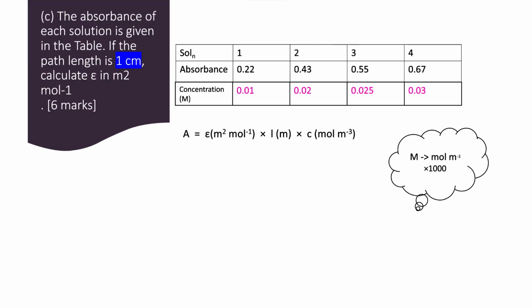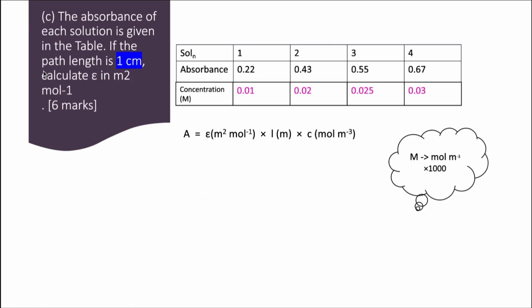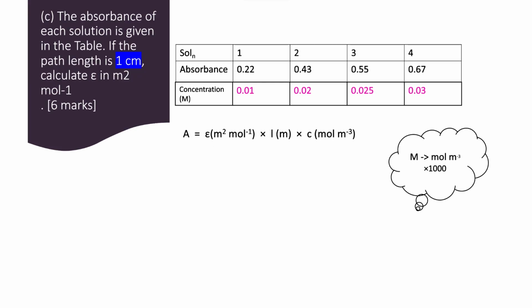Part C. The absorbance of each solution is given in a table. If the path length is 1 cm, calculate epsilon in meters squared per mole. For this question, we need to use Beer-Lambert's law, which is A equals epsilon times L times C, with the concentration being in moles per meters cubed and the length being in meters.